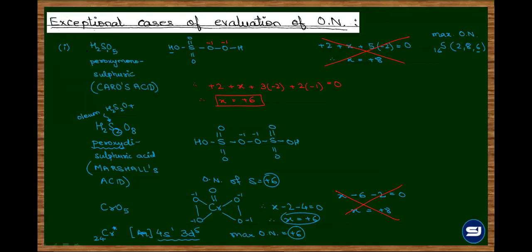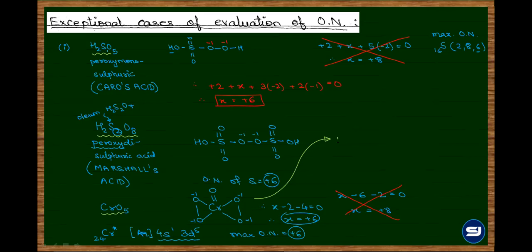So the 3 main peroxy compounds are Caro's acid, Marshall's acid, and the peroxide of chromium, having a famous butterfly structure. Now with this, there is one more important reaction. Write this reaction on the same page.